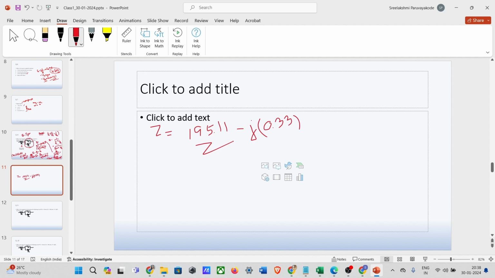I'll also recheck it. Okay. Because I'm getting around 6.5, minus 6.5. Ma'am, wait a second, I will redo it. I'm having a calculator.